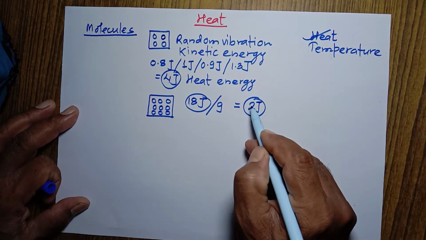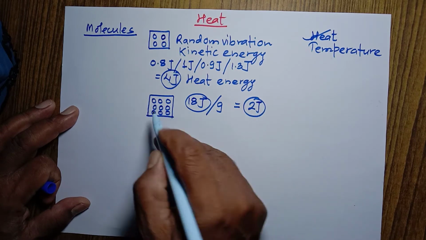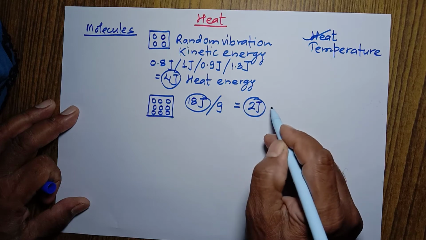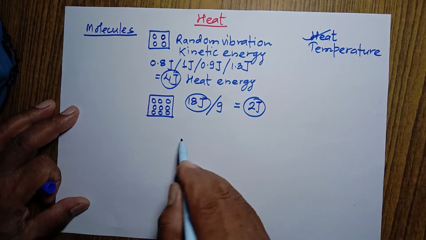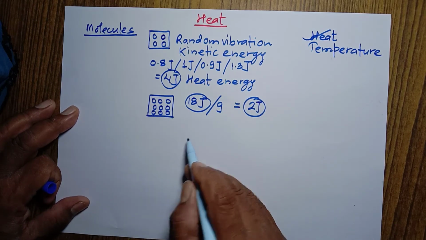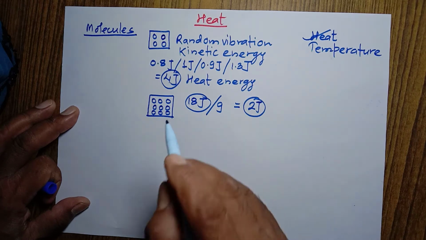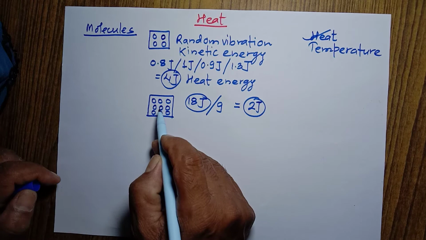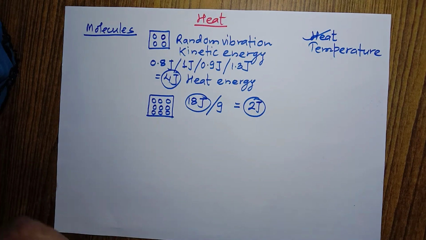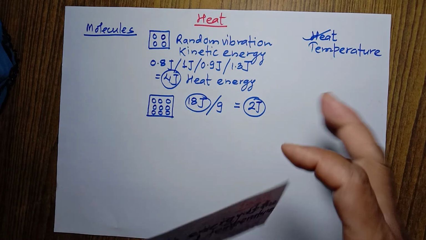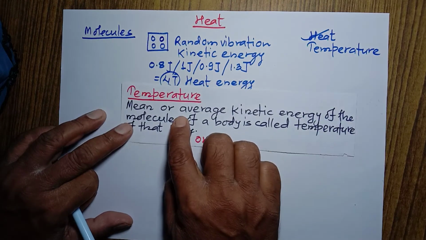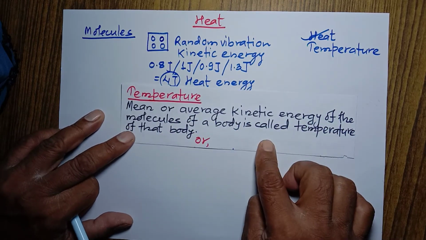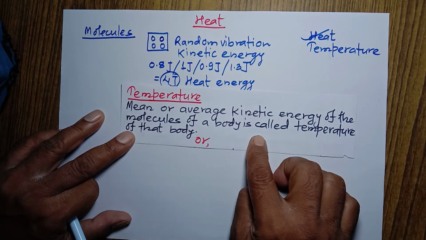This is the mean kinetic energy, or the average kinetic energy, of the molecules of this body. This mean or average kinetic energy represents the temperature of that body. That's why we can define temperature this way: mean or average kinetic energy of the molecules of a body is called temperature of that body.